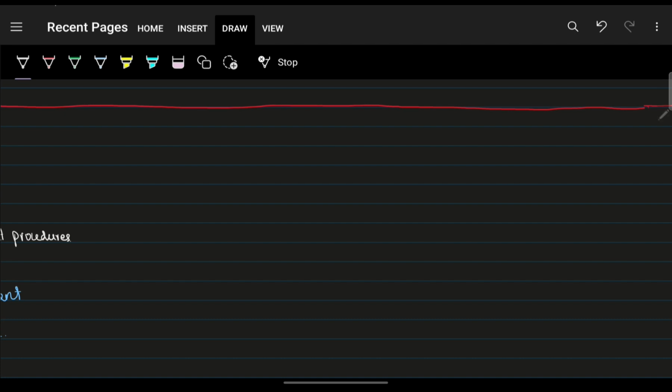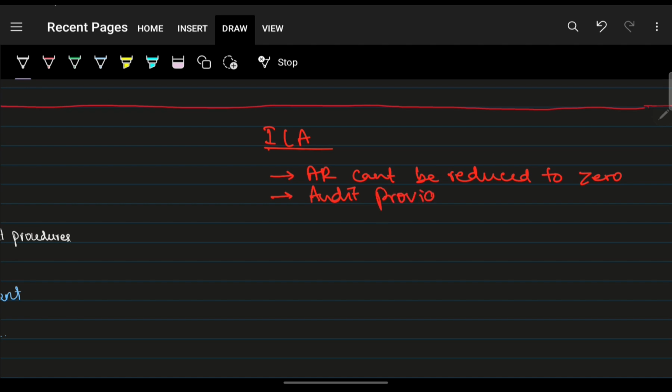Okay, so when it comes to inherent limitations of an audit, what will we write? We will write firstly that audit risk cannot be reduced to zero, right? Secondly, audit provides only a reasonable assurance, right?